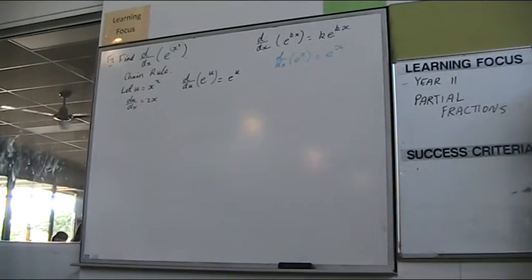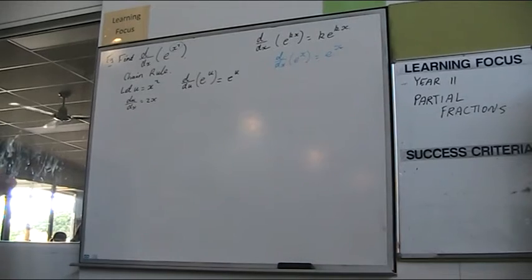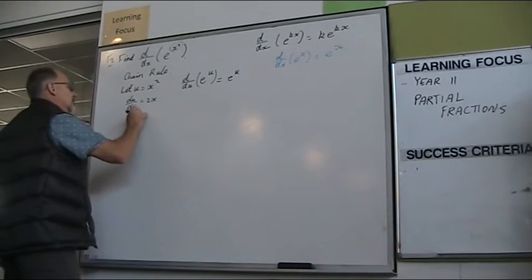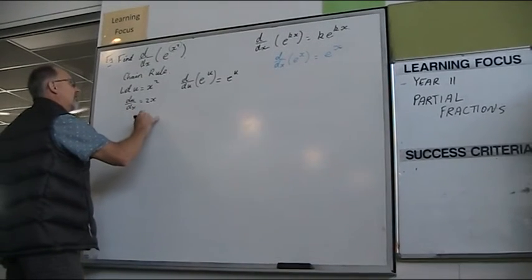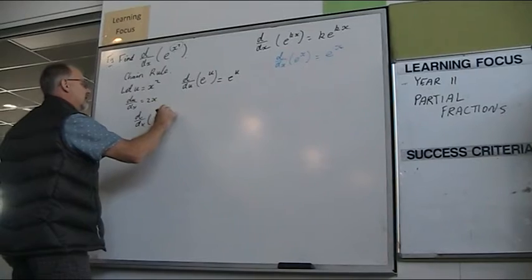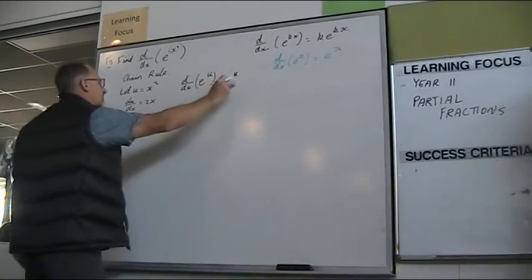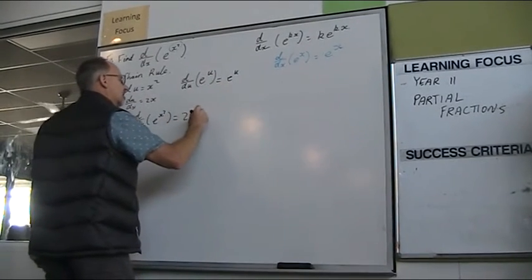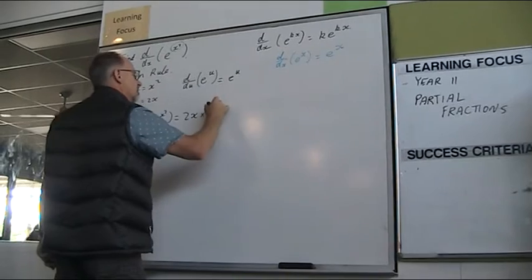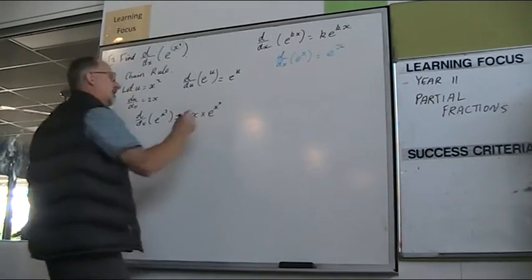So d dx of e to the x squared is multiplying these two things together. So it's 2x times e to the u, put the x squared back.